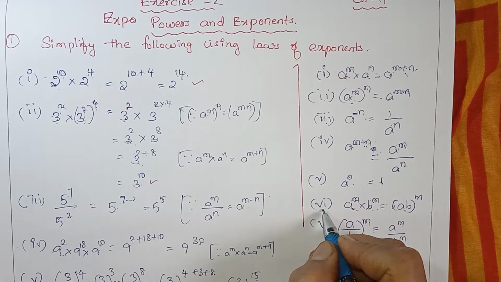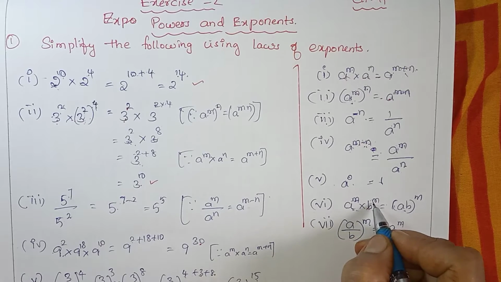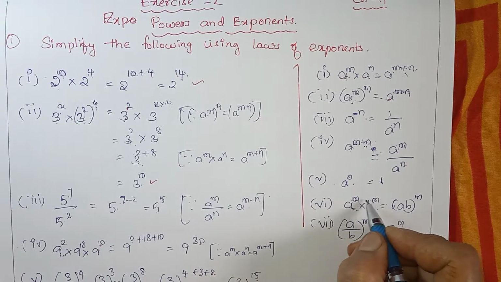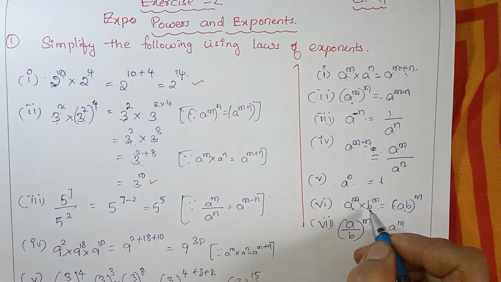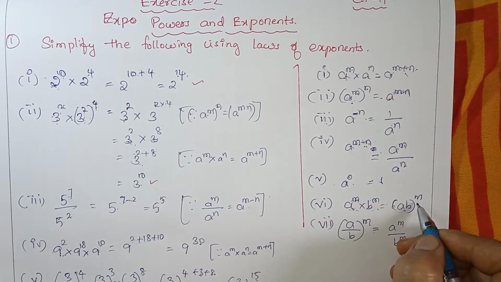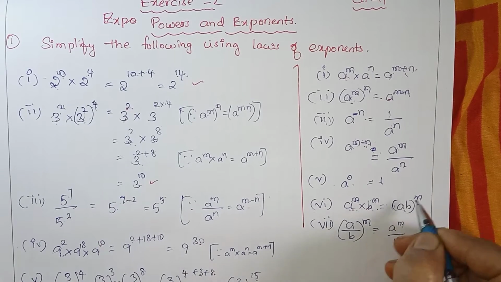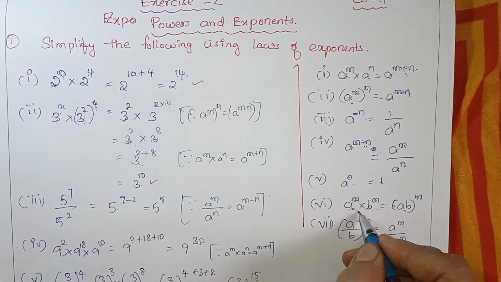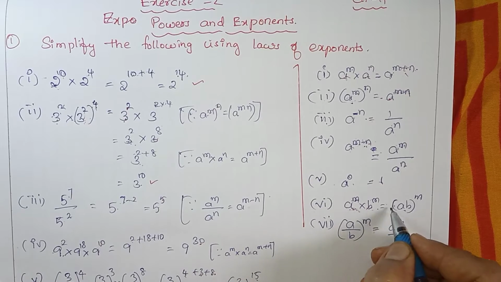Next one, sixth one, a to the power of m into b to the power of m. When powers are equal and bases are different, then multiply the bases. Okay, the whole power will be the same exponent. Okay, here powers are equal, then multiply the bases.